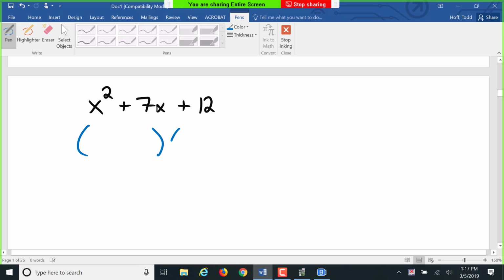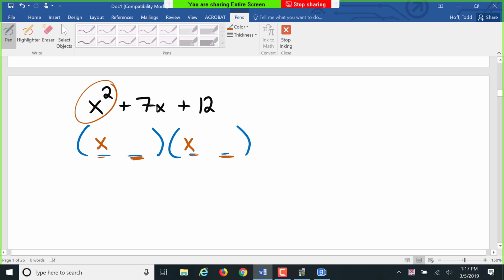So there's 3 terms, so we're going to try to do reverse multiplication, or FOIL in reverse. We know that these first 2 terms have to multiply to make x squared. So what's that going to have to be? X times x. Very good.